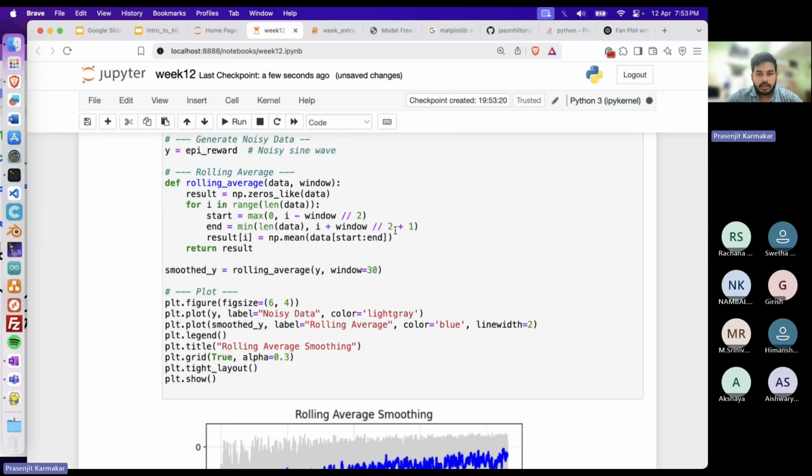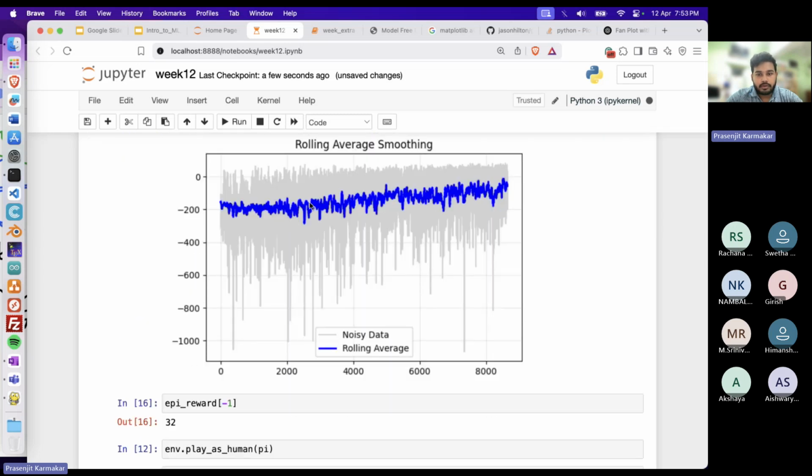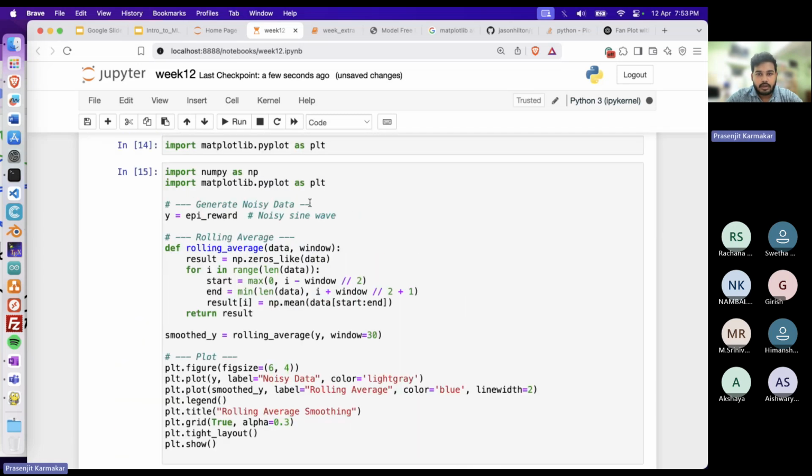And we'll see whether the curve is going up or what happened.